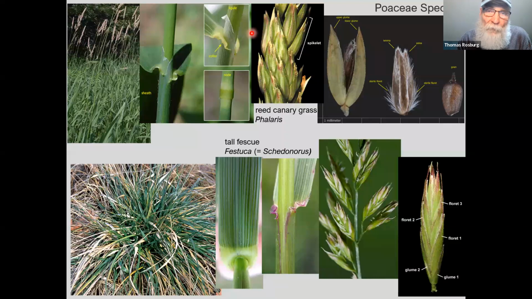I have to move this so you can see it. Here's a really good look at it, this membranous structure right here. So a membranous structure that's fairly tall in reed canary grass. The ligule is anywhere from 3 to 7 millimeters or so tall, so it's pretty conspicuous.